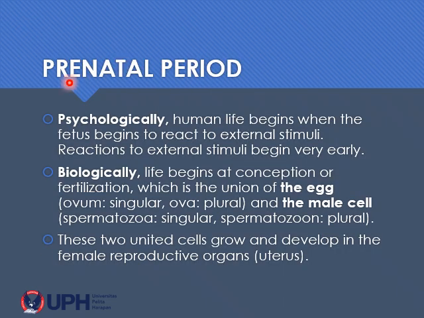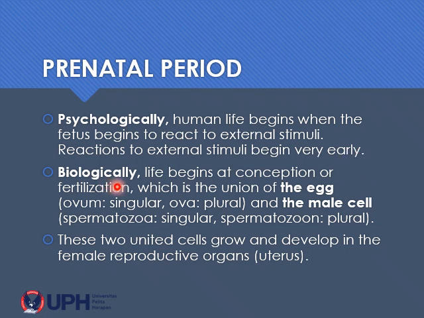So what is the prenatal period? The prenatal period actually consists of psychological and biological aspects. Psychologically is where human life begins, when the fetus begins to react to external stimuli, and this begins very early in the life of the fetus.